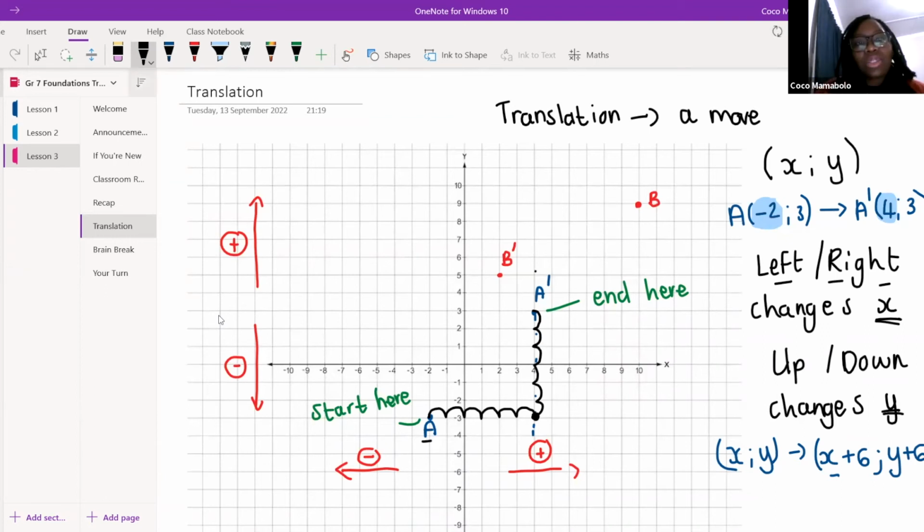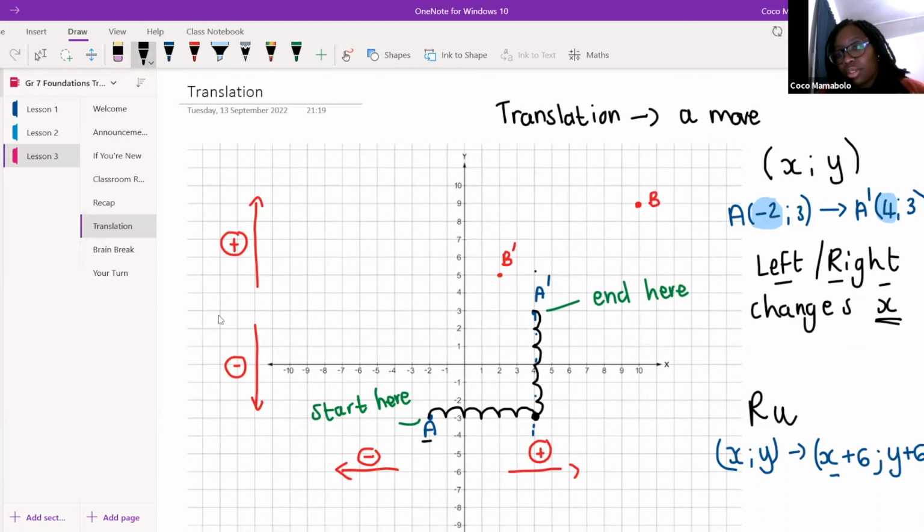And that's why my rule, and I'm going to write it here, this is my rule over here. I went from x and y, and what did I do to x? I plus 6. And what did I do to y? I plus 6. Give me a thumbs up, thumbs down. Do we understand what just happened?